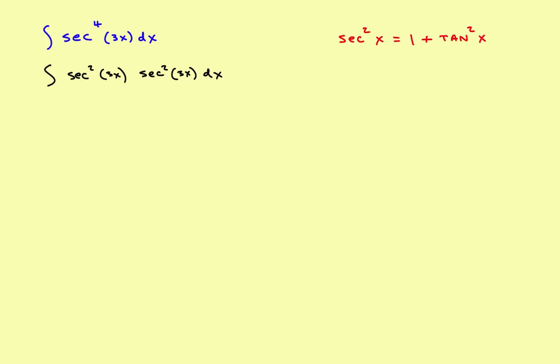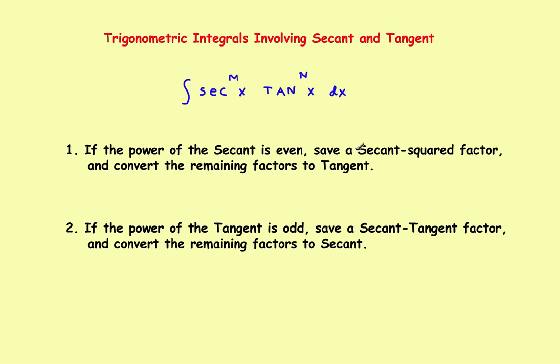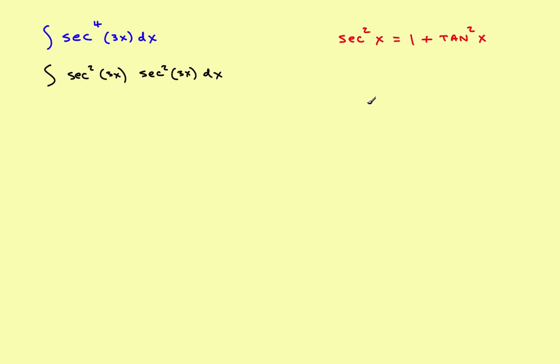Now, if you were actually staying with the rules, what it says to do is factor out a secant squared, which is what we've done, and then change the remaining factors into tangent. And again, the reason is to make sure that you can put it in a form that you can actually integrate. So we'll take this first one and, using this identity over here, change the secant squared into 1 plus the tangent squared.